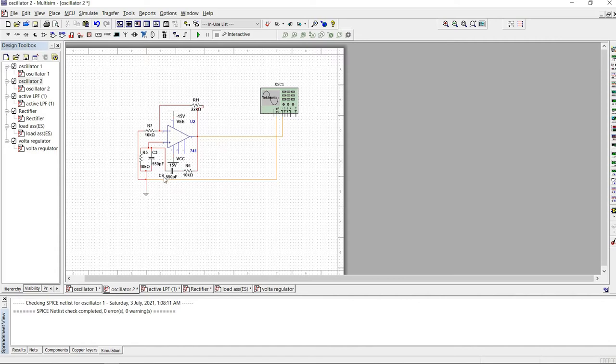This is because in the circuit there will also be a high pass filter and also a low pass band filter. For the high pass band filter, we can see that my R6 and C4 are connected in series, and my R5 and C3 are connected in parallel.